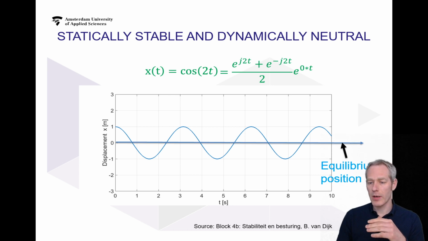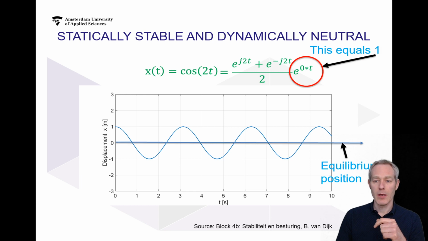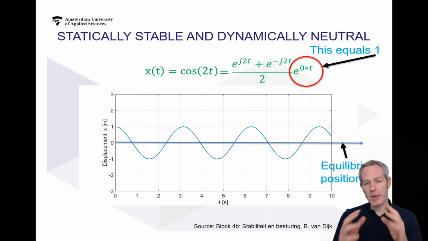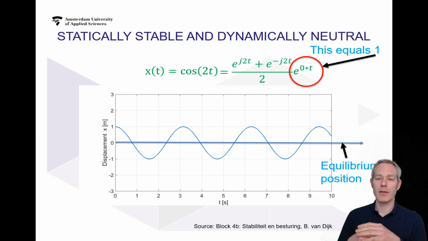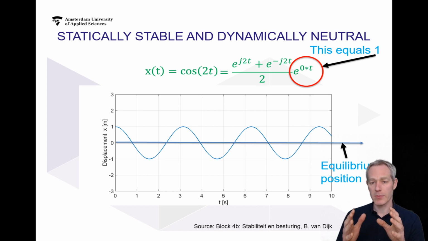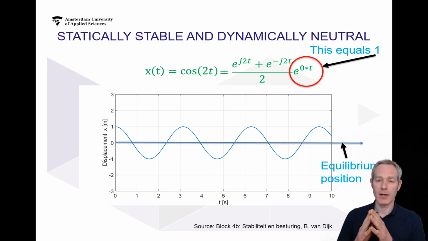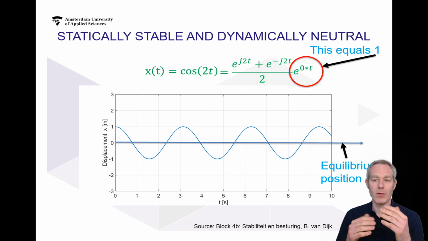Of course, in the next couple of slides, the equilibrium position will be at 0. And of course, that doesn't have to be the case. But for these examples, we'll put it at 0. Now, if we expand the cosine function in terms of two complex exponentials and a real exponential, we see that the exponent of the real exponential is 0, which means that if we let this run over time, e to the power of 0 t is just 1.